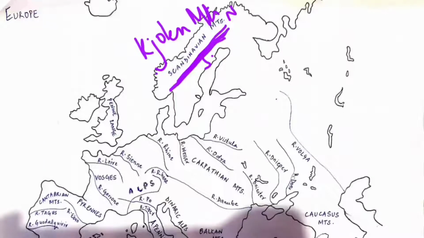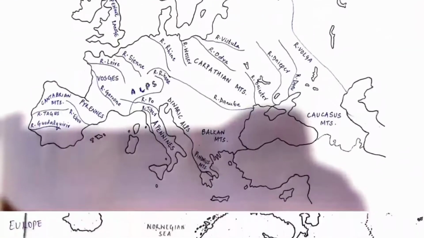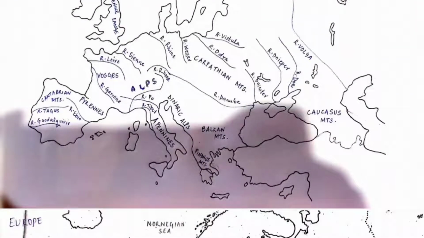Then we talk about the Pennine Range. This is the Pennine Range, a mountain range present in the UK. Moving towards the Cantabrian Mountains, we have these Cantabrian Mountains, which are actually present in Spain.